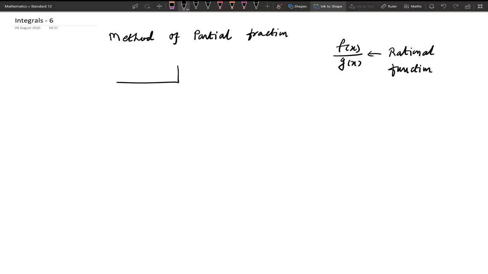Now there are two types of rational function: one is proper rational function, and another one is improper rational function.